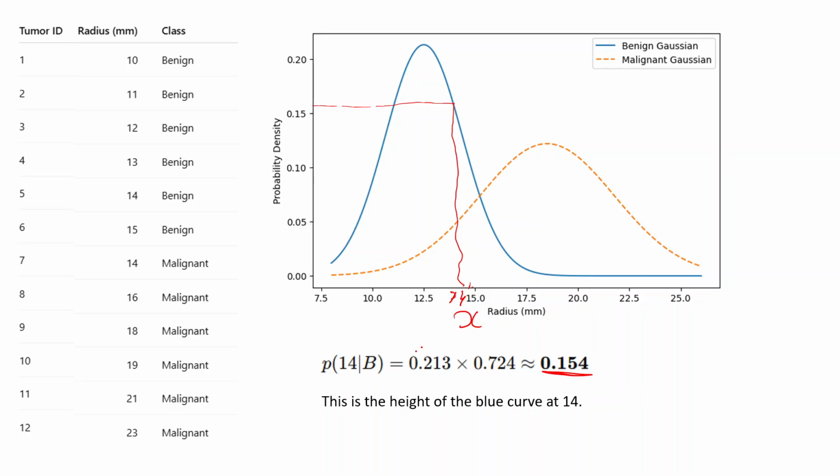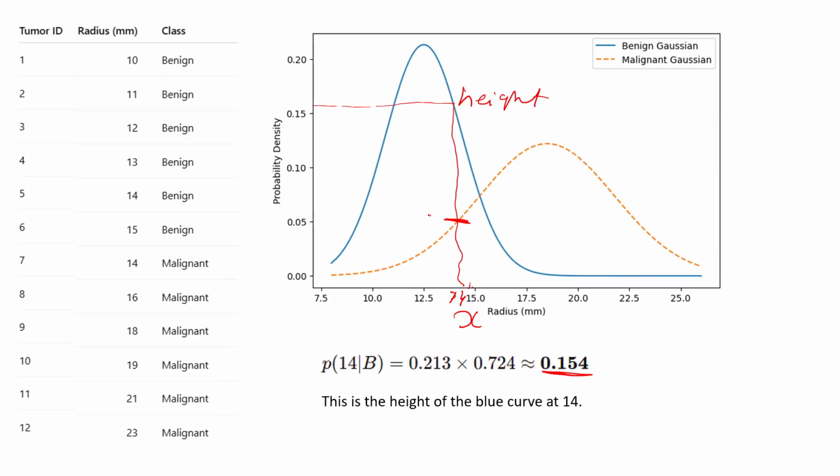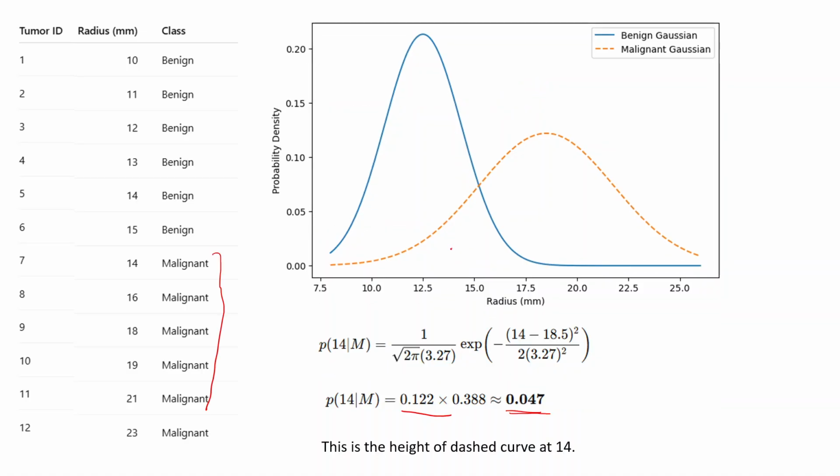That is, this value which we calculate is equivalent to the height of that particular curve. Now, when we consider this x as 14 with respect to the malignant, the line is going to coincide here. For that one, the value we got was 0.047, and you can observe it is almost somewhere here, which is good. Whether for the benign case or the malignant case, the probability density function will give us the height of that particular curve where it is going to coincide.